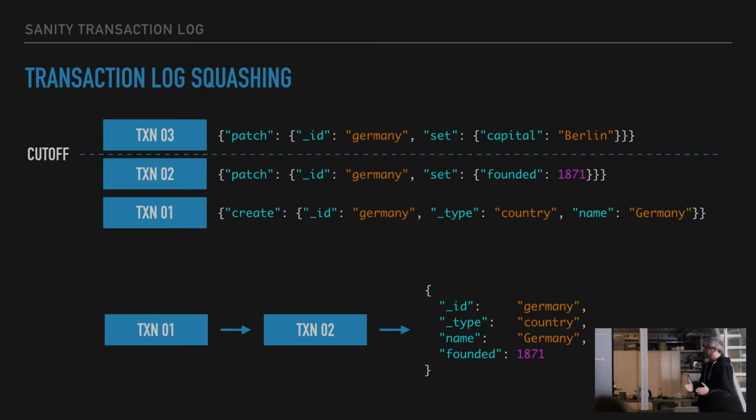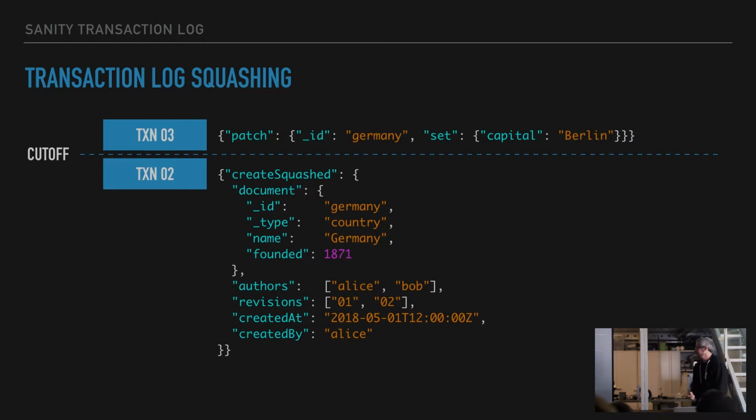What we can do is replay this log and regenerate the document. So we start on transaction 1 and 2 and add the founded field, which gives us the document at the bottom there, which does not have the capital field set because that's a later transaction after the cutoff. And then once we do that, we replace transaction 2 with this create squash mutation, which has the document contents at that time.